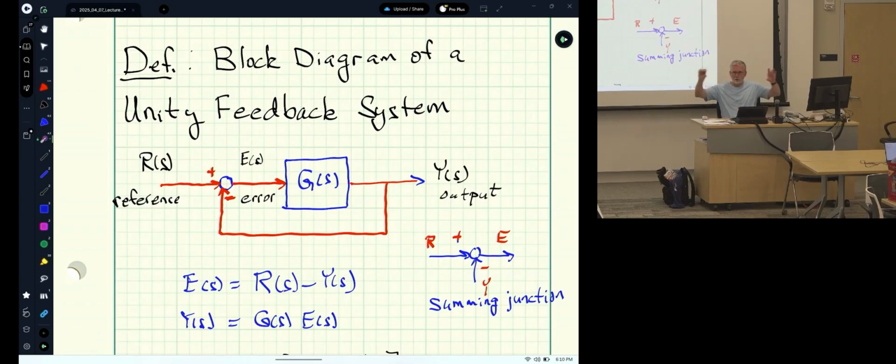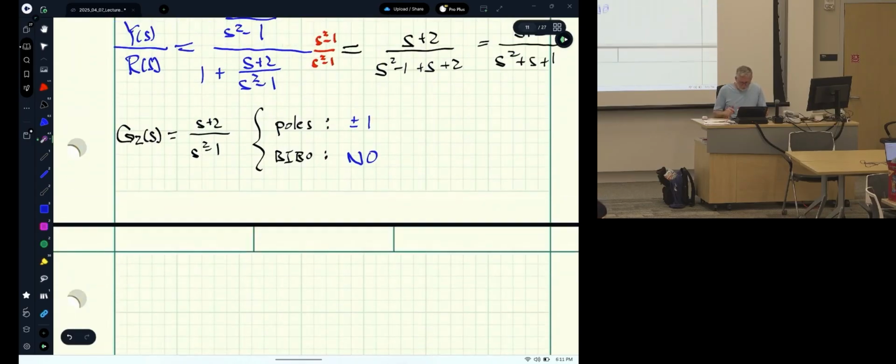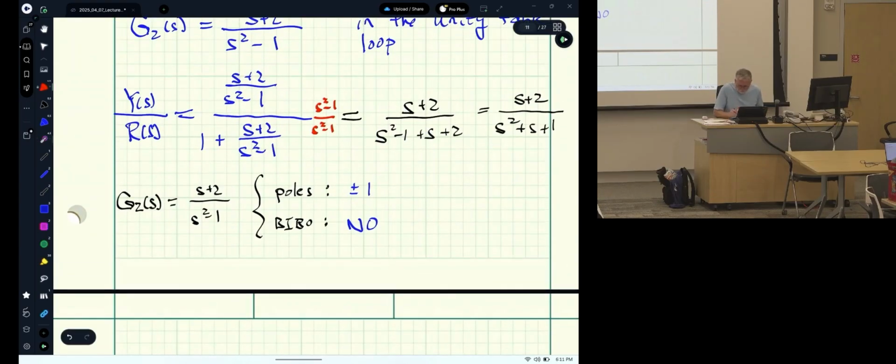That's called an open loop system because there's no loop closed, okay? So if I break this, that's open loop. And then I put the loop in and I hook it up to the summing junction. I've closed the loop is the vocabulary. So this is the open loop transfer function.